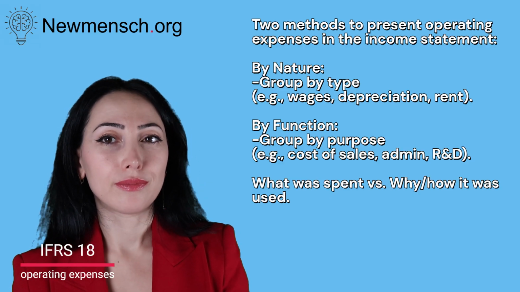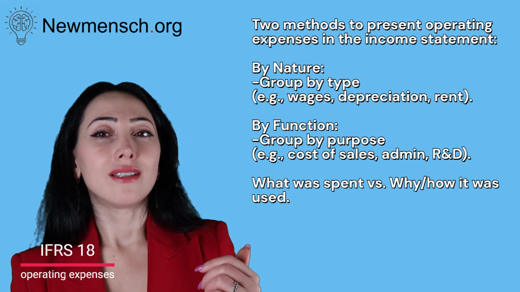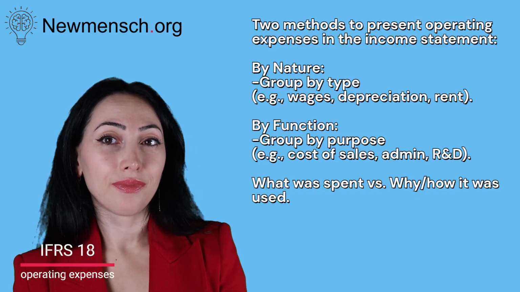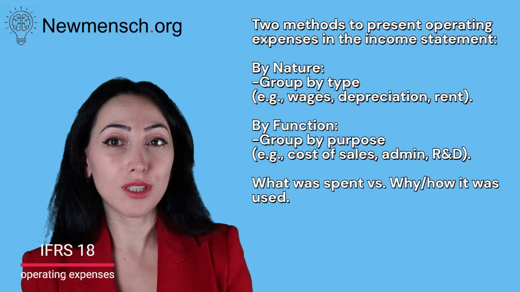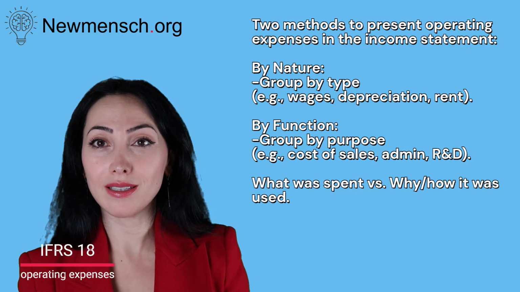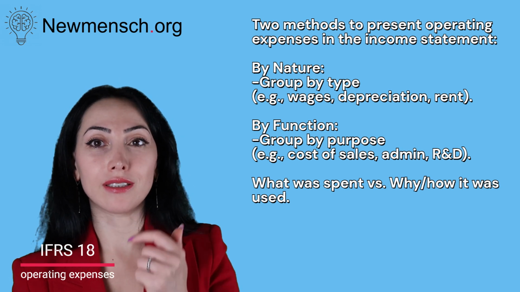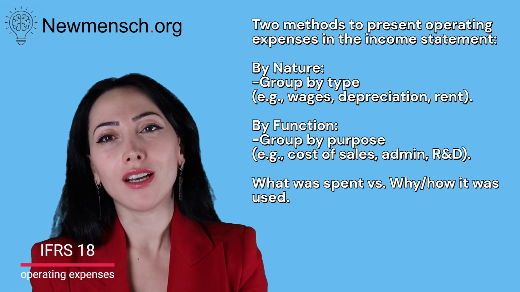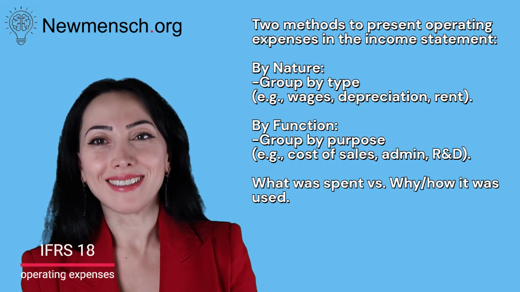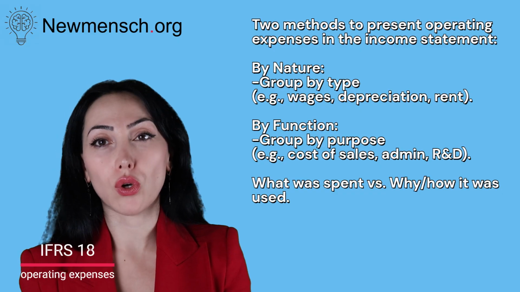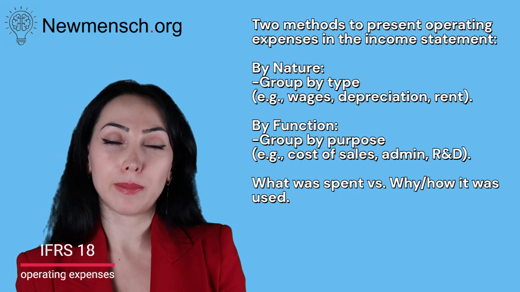For example, impairment, salaries, amortization, depreciation, rental expenses, raw material costs, and so on. This kind of presentation, without showing for which function these costs were spent, is called presenting expenses by nature.